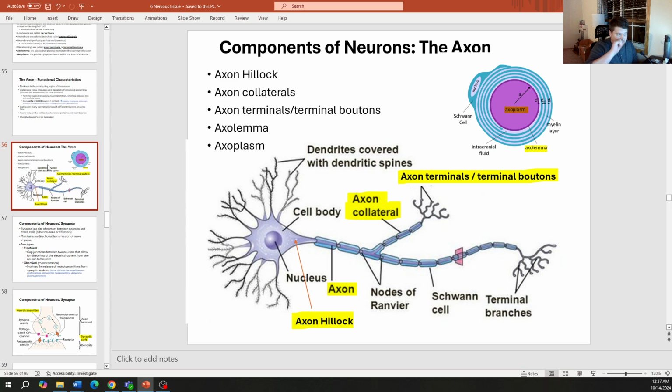So here's another picture to see all this stuff. There's the axoplasm, the axolemma, the axon collateral, and as you can see, there's a lot more components to the axon as well. Some of this is the myelin sheath, which we're going to talk about in a couple different places, just because there's a lot of components to that.